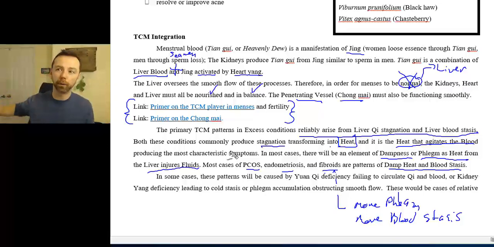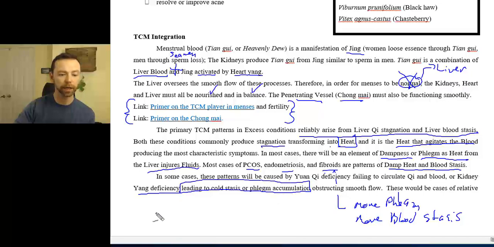Those are the outcomes. Now, when we have a lack of energy for the liver to do its job, we also have a general lack of yang overall, and that will give us more of a cold pattern. So if you see an obvious stagnation pattern, but you look back and there's cold there, a lack of heat there, that's almost always kidney yang deficiency leading to cold stasis or cold phlegm accumulation obstructing. So you can even have cold in the kidneys, but heat in the liver.